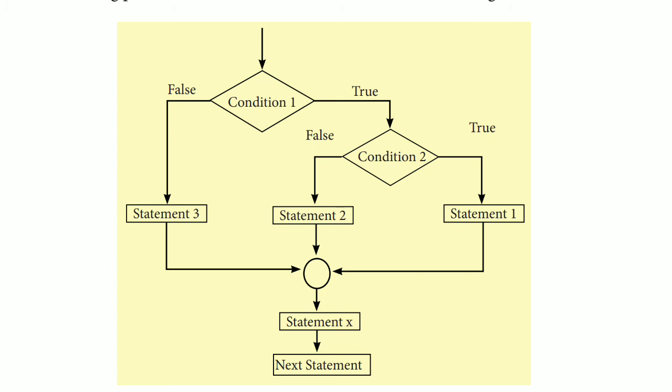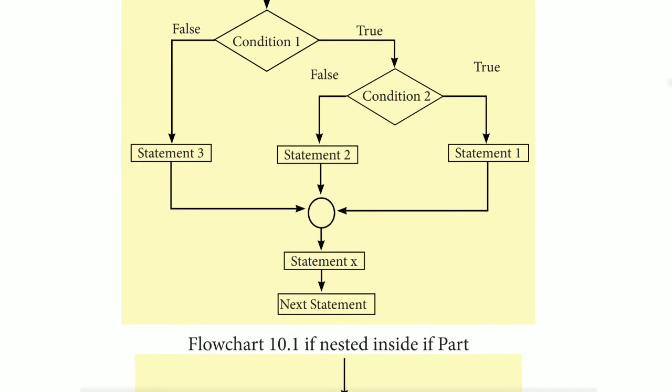When condition 1 itself is false, then statement 3 will be executed. After any one of these three statements is executed, it will move on to statement X. This is the nested if statement present inside the if part.